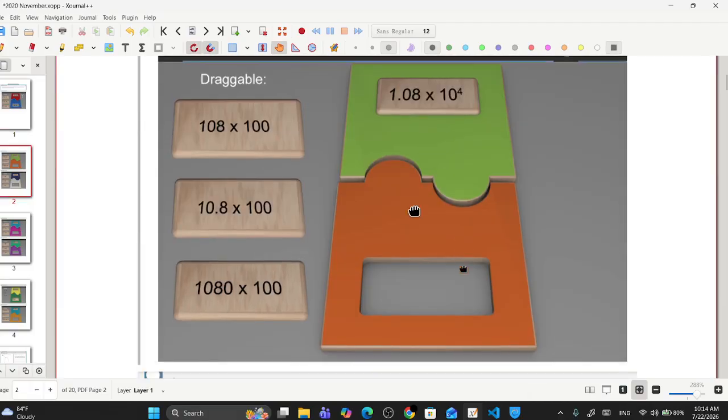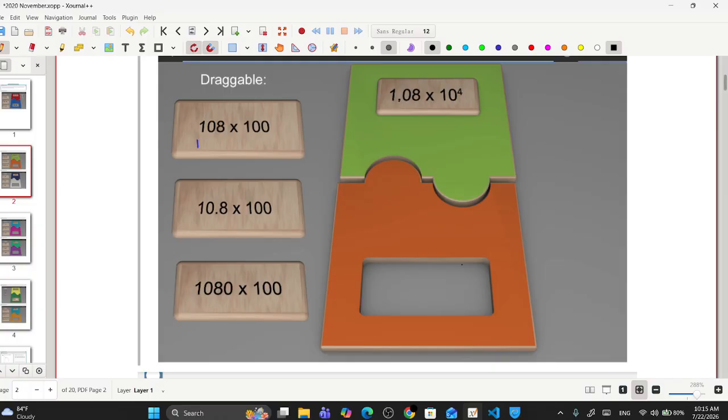Okay. Standard forms. 1.08 multiplied by 10 raised to the power of 4. All right. This should be numerically equivalent to one of the three options. Let's consider the first one. Actually, what should I do?